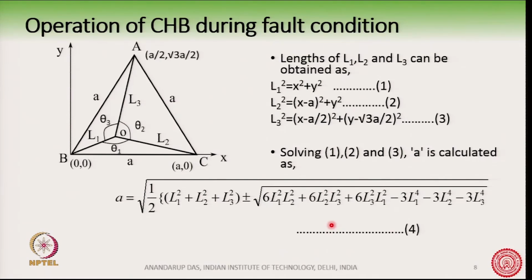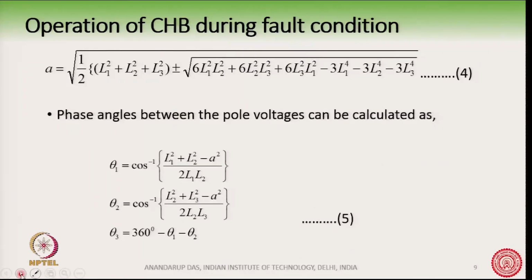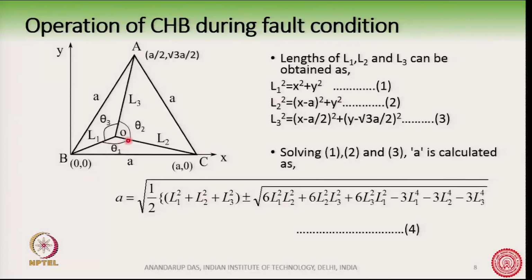If we see this expression, additionally we can also obtain the phase angle between the pole voltages. This theta 1 is this one, theta 2 this one, theta 3 this one. These are the angles needed by the pole voltages.